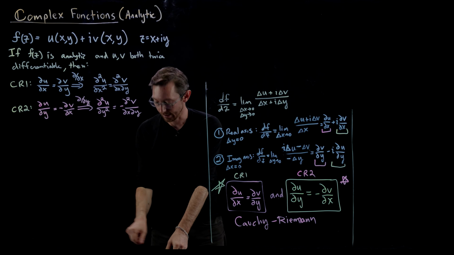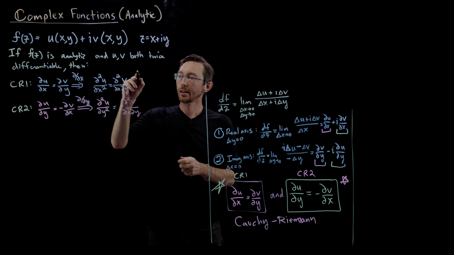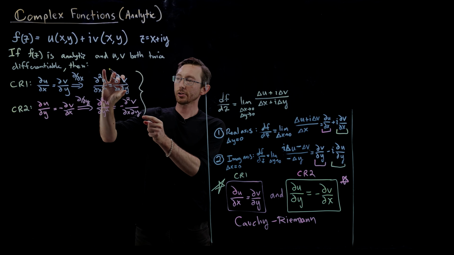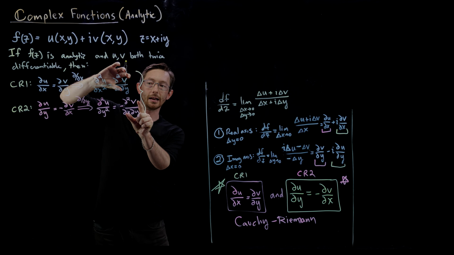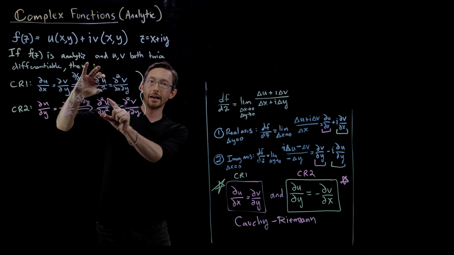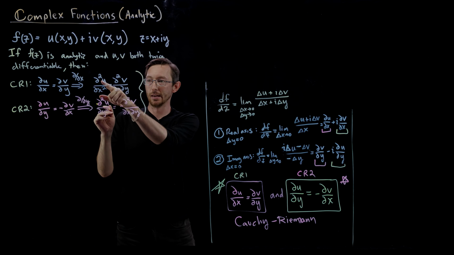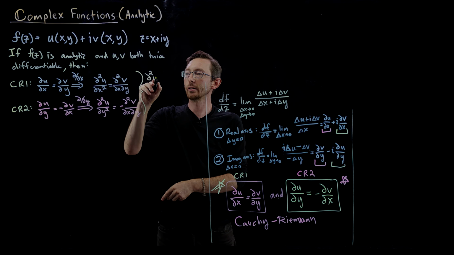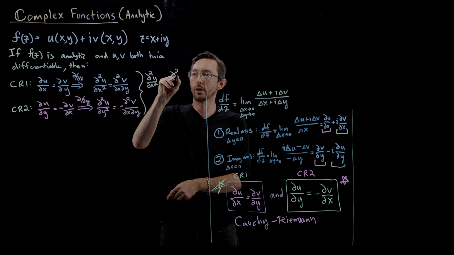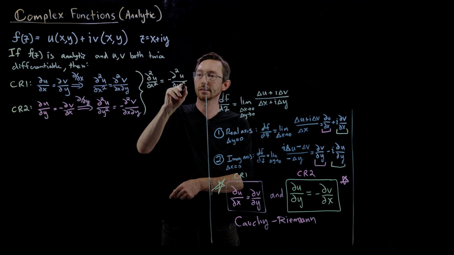Because partial squared v partial x partial y appears on both right-hand sides, this equals minus this. This equals minus the same thing. So partial squared u partial x squared equals minus partial squared u partial y squared.